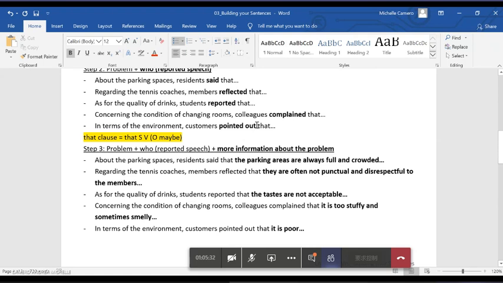And remember I said that because you have the word that, you have a that clause, and we need a subject and a verb. So that means we have to have a subject and a verb here because it comes after the word that. So we've got the parking areas as our subject, are is our verb, and then always full and crowded is either the object or clause or adjective. Same here. We have they is our subject, are is our verb, and then our object or clause.